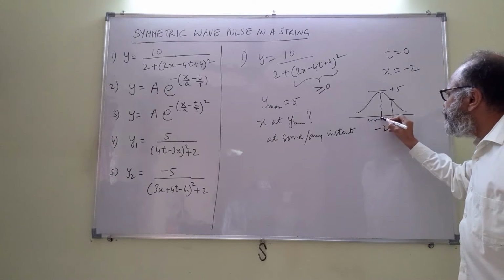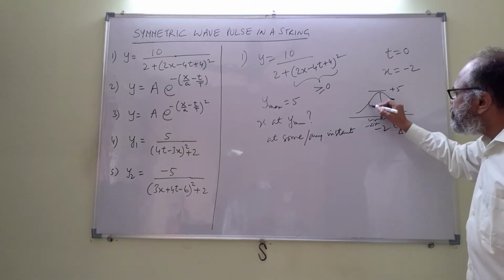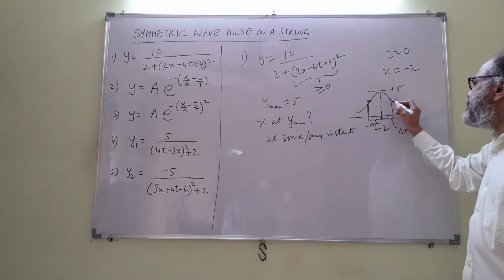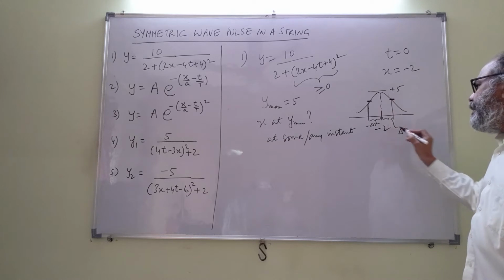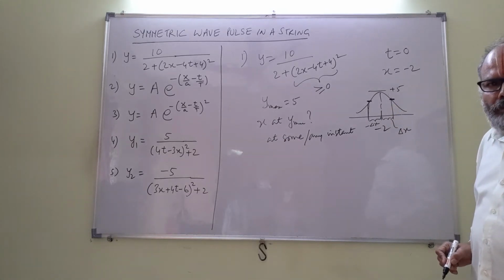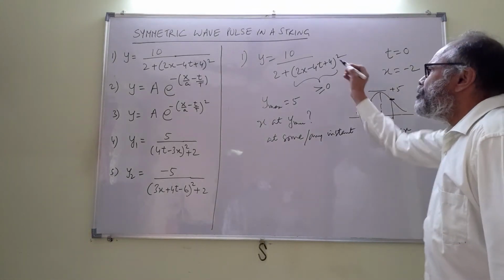If we go to the left, that is go at minus delta x, y will have a certain value. If this value and this value are the same for any delta x, then we can say that the pulse or the waveform is symmetric. So let us do that.